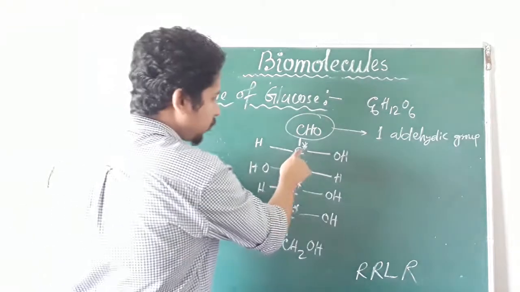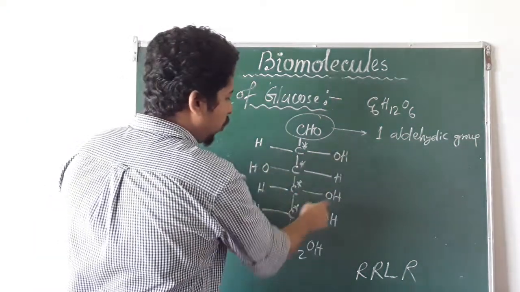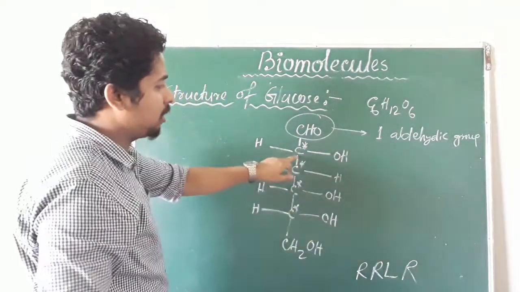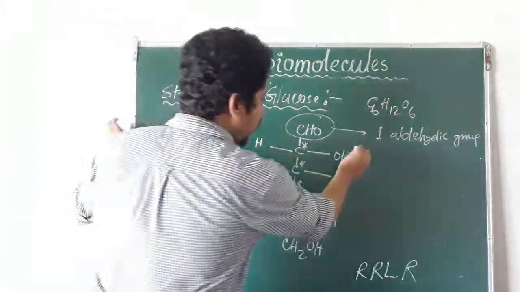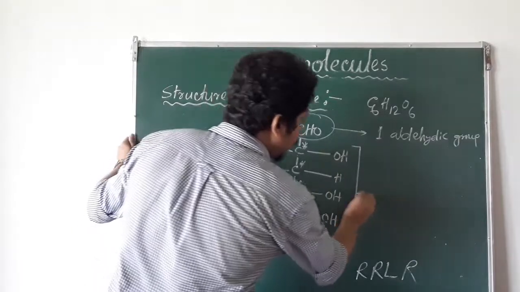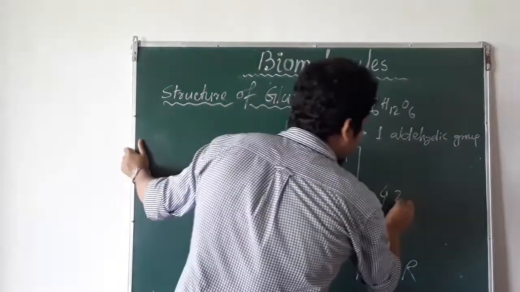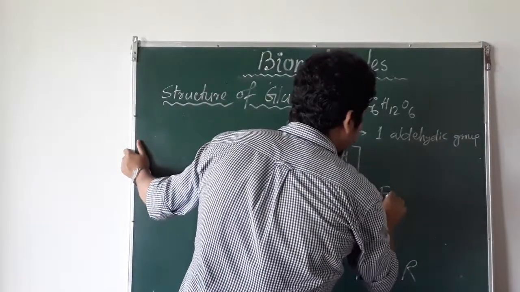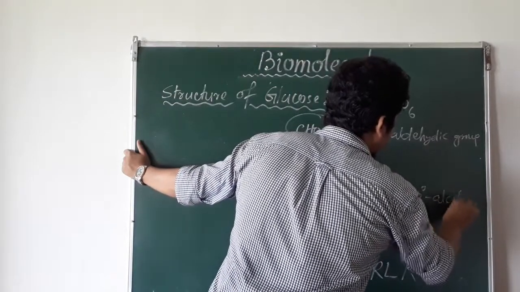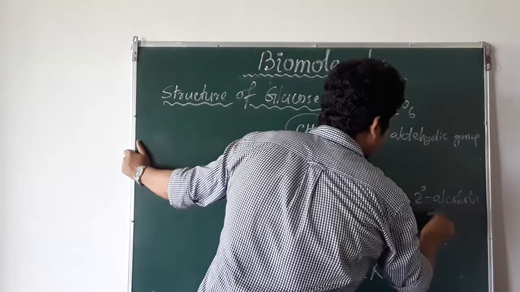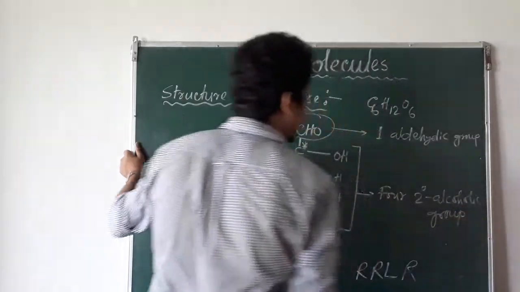You see here CHOH, OH. And all these carbons are secondary carbons. So we have 4 secondary alcoholic groups.